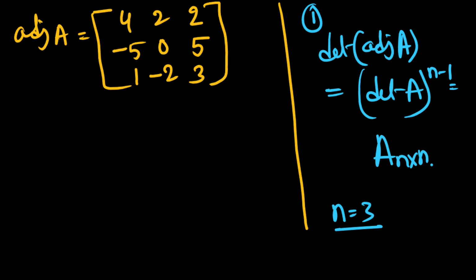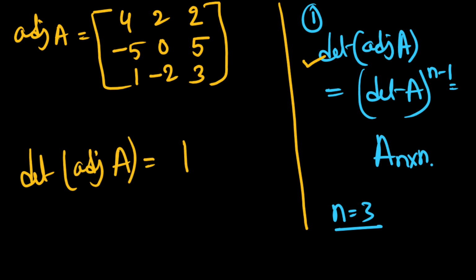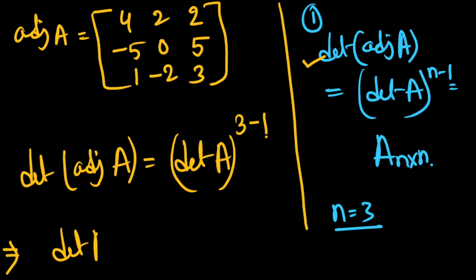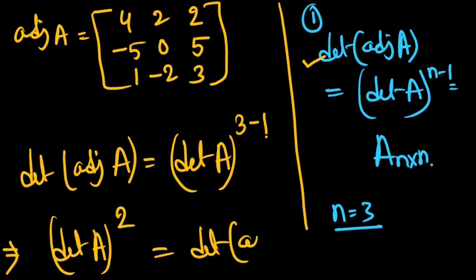So we apply this formula: the determinant of the adjoint of A is equal to the determinant of A to the power n minus 1, that is 3 minus 1. So this implies the determinant of A whole squared is equal to the determinant of the adjoint of A.